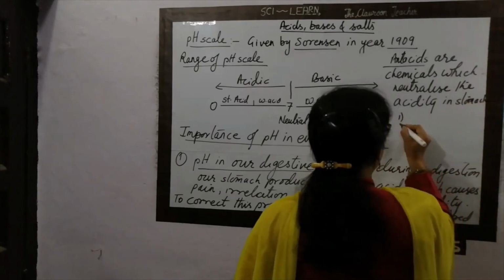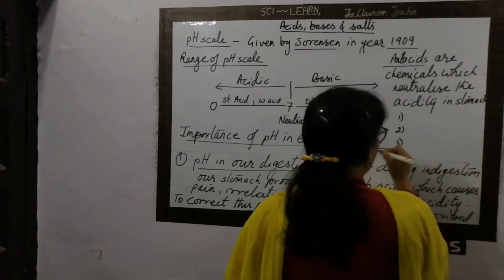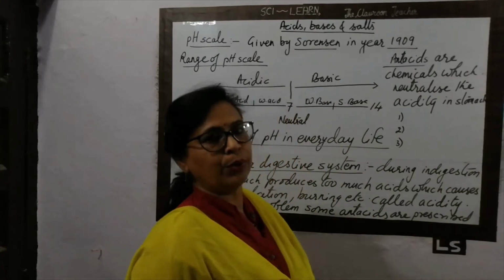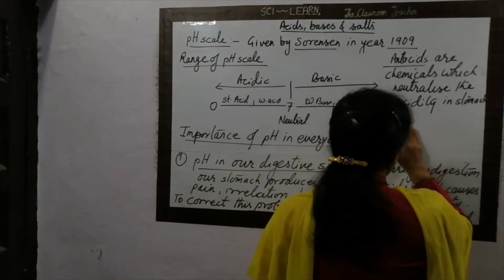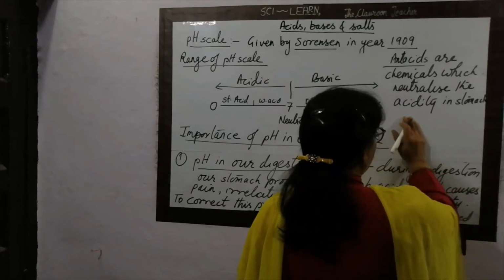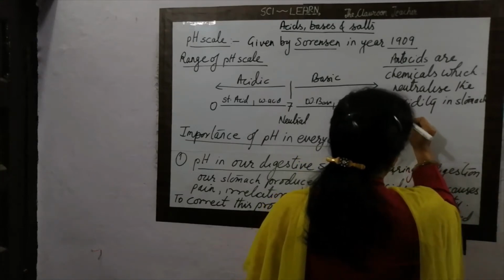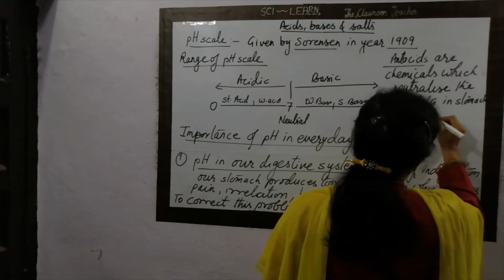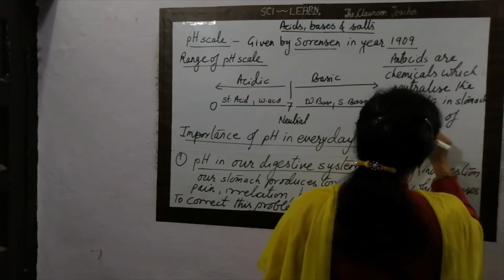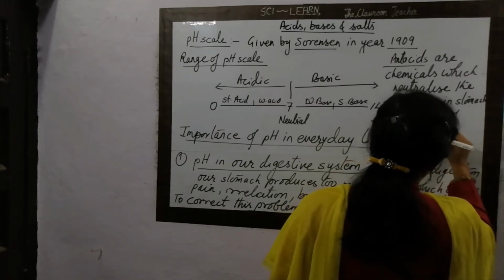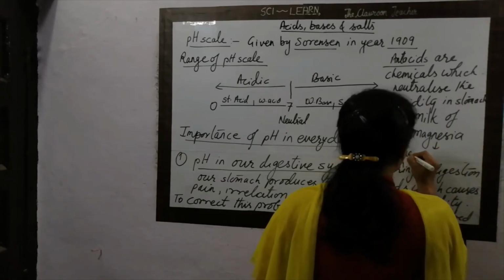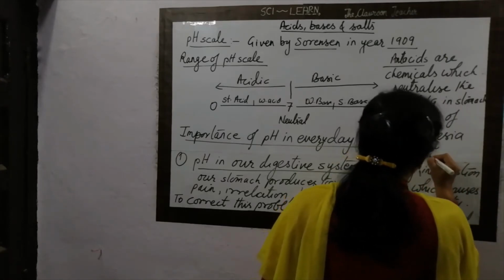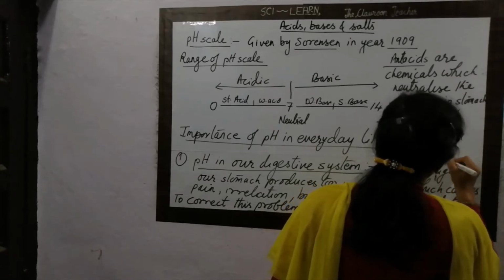Some examples are there. You know very well, that is Gasofast, as I told you. In medicinal form, only one important example I am giving here. Example, milk of magnesia. It is the common name. It is chemically magnesium hydroxide.